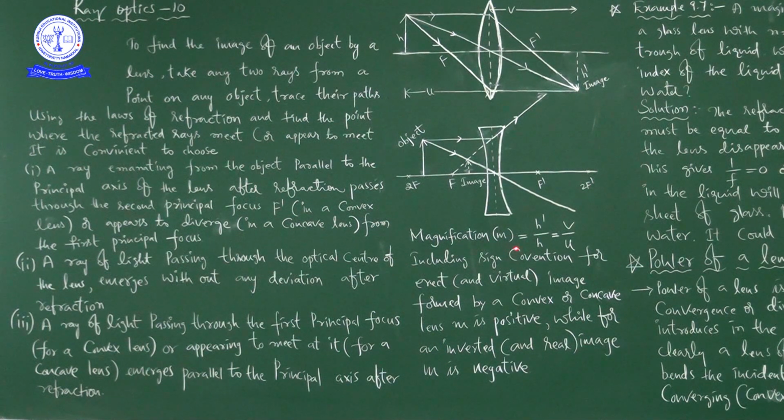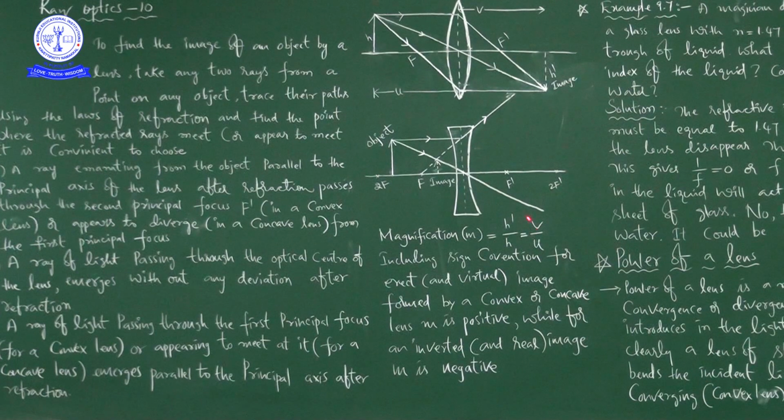The same definition I gave in case of mirrors, I am repeating again. You can write it as h dash by h, and also as v by u.